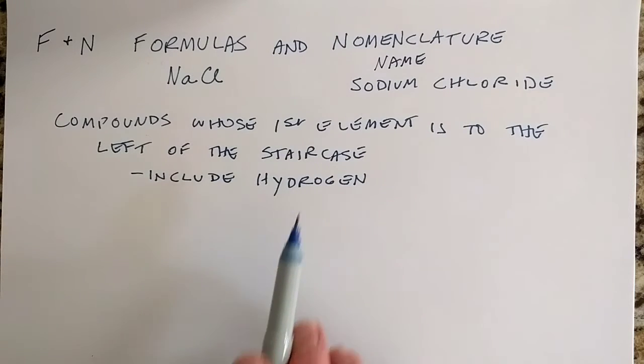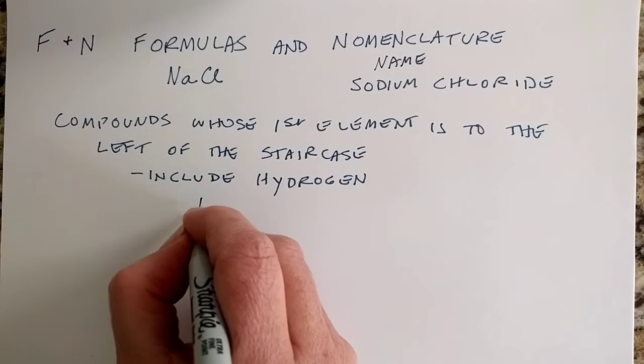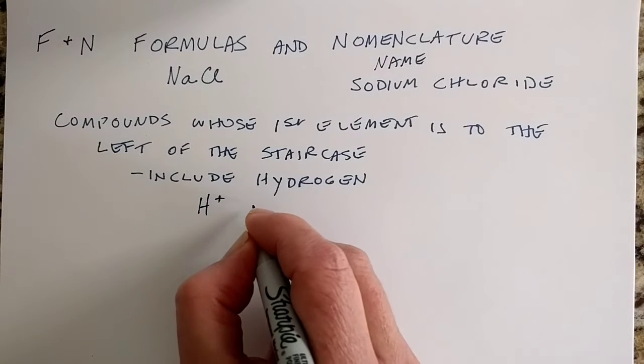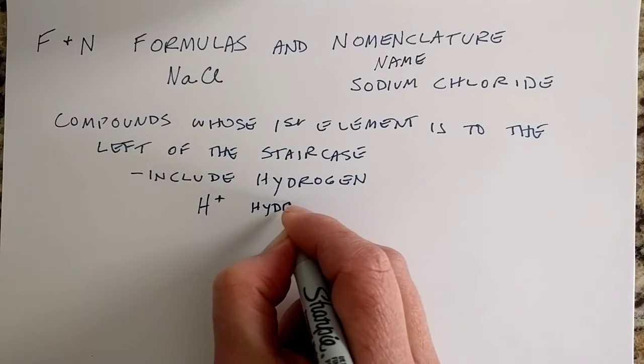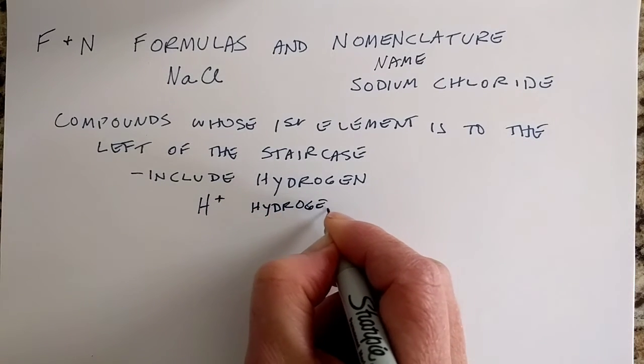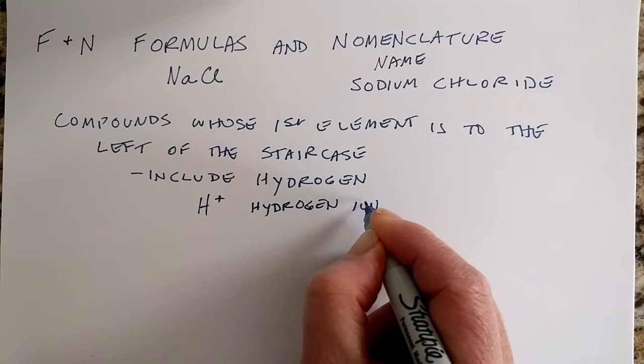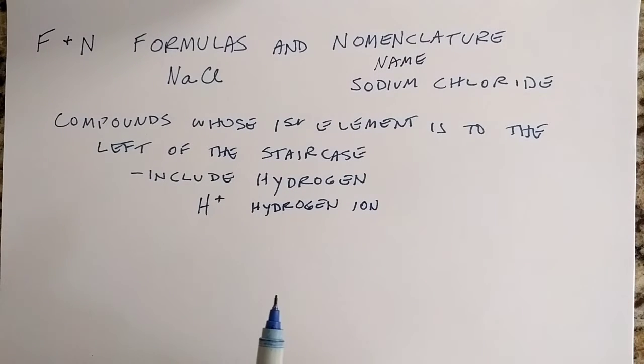Hydrogen can lose that one electron and become H plus, the hydrogen ion, a cation, or hydrogen can gain one electron and then have two valence electrons, just like helium, the noble gas that is next to it.